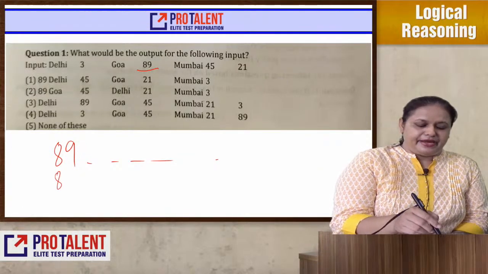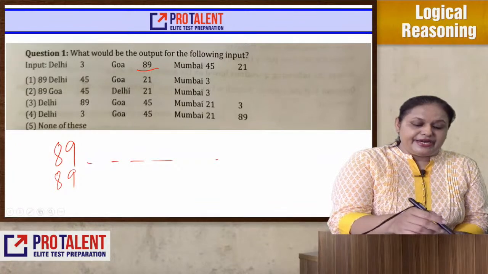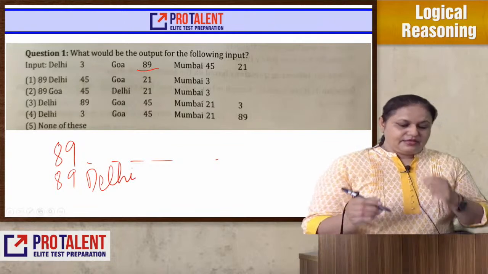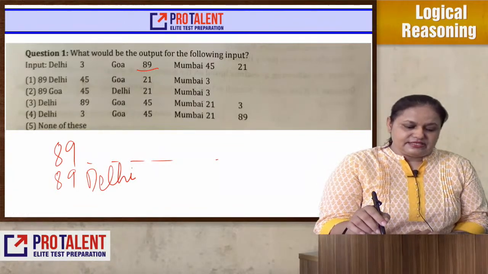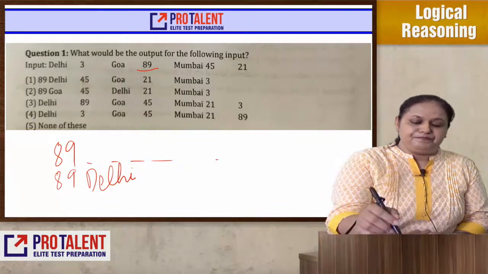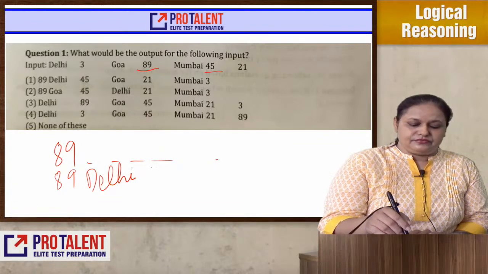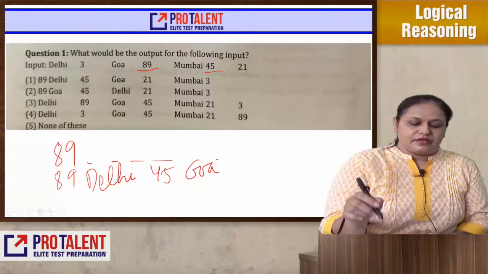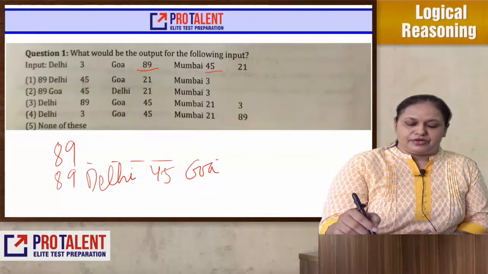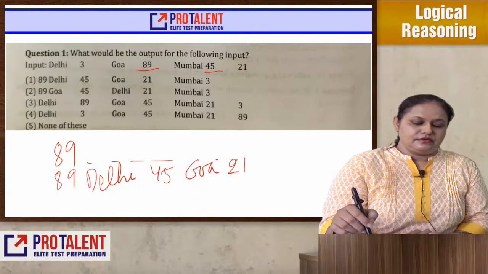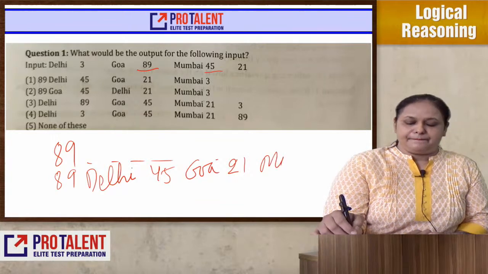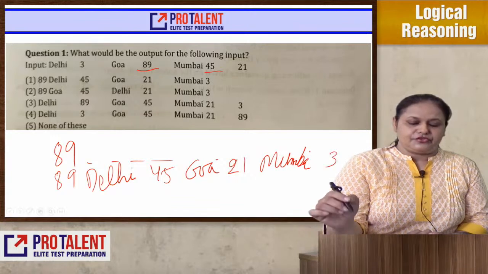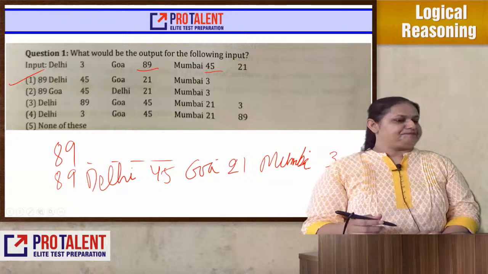In the second step, 89 and I would be getting Delhi, right, and the entire series as it is, and then I'll be going for the number 45, then the word Goa, then the number 21, and then Mumbai, and I am left with the number 3. So option 1 is my answer.